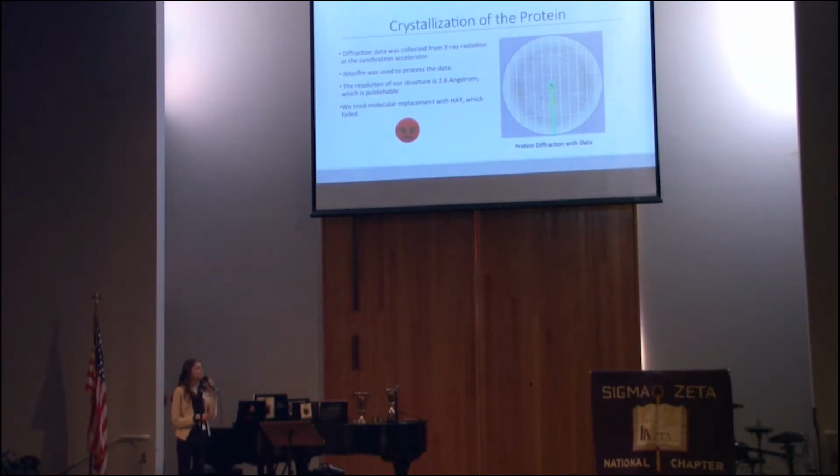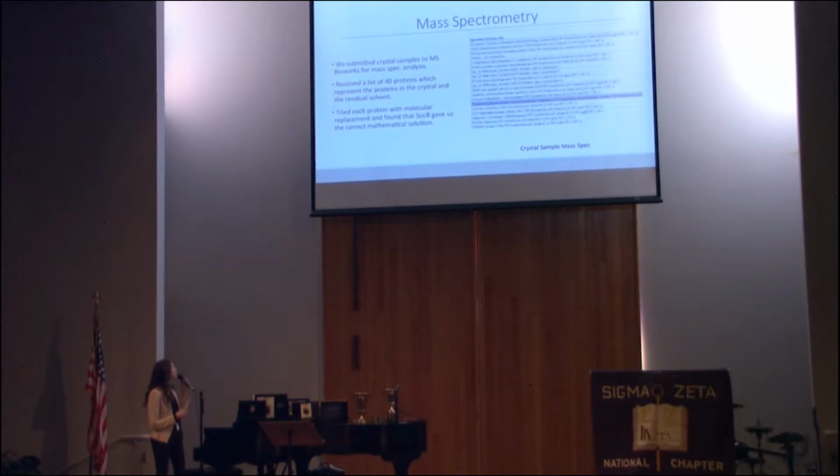So we decided to send off samples of our crystals for mass spec at MS Bioworks. And then we received a list of 40 different proteins that were either in the crystal or in the solvent that we sent in. So we went down the line doing molecular replacement with each of these, not the ideal way to do crystallography, but we really wanted to know what was in this structure.